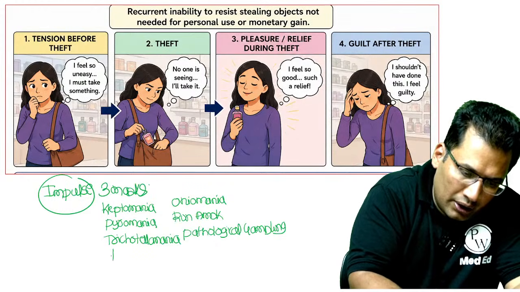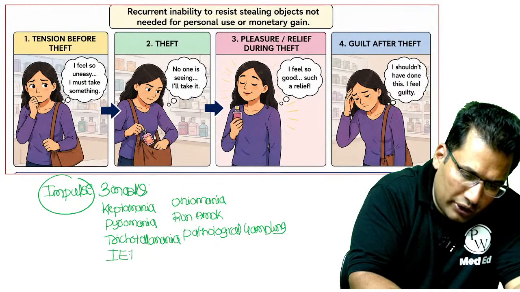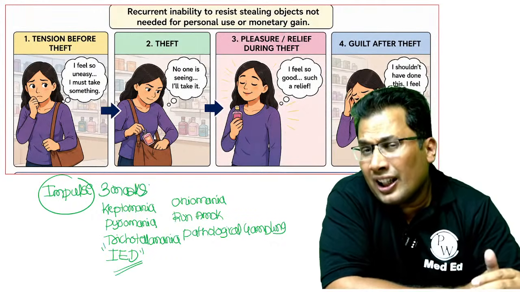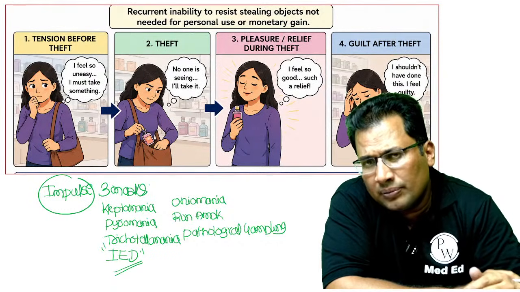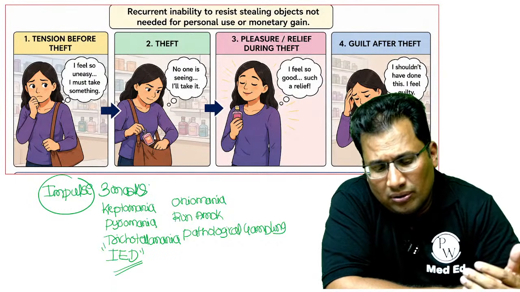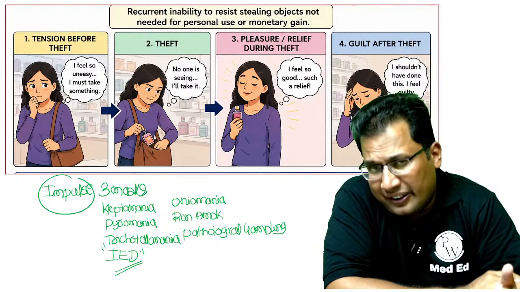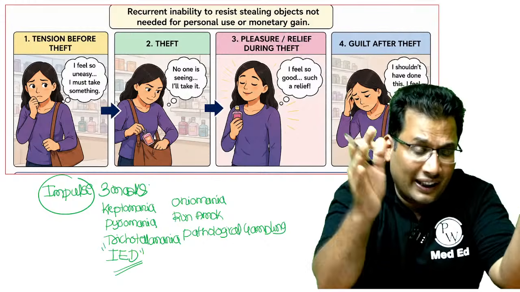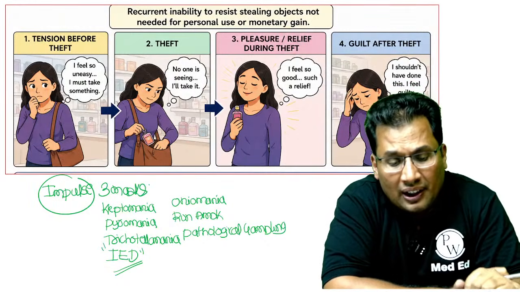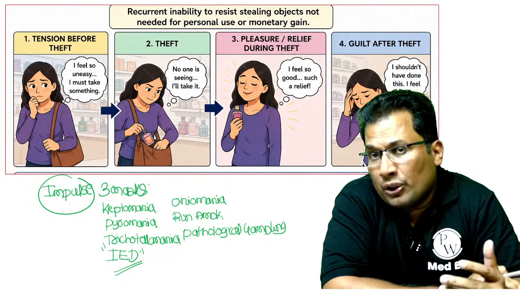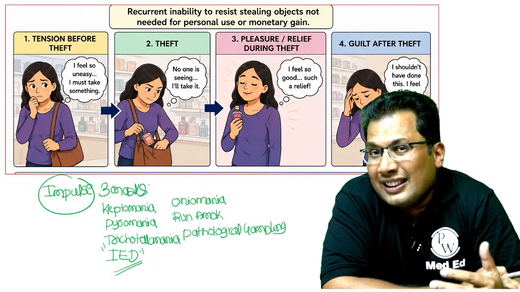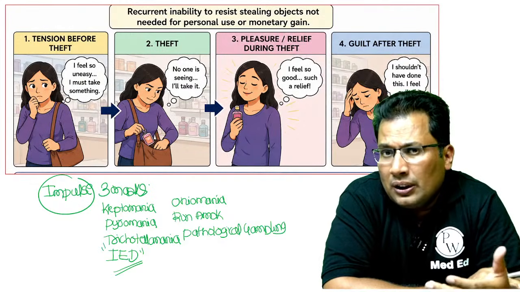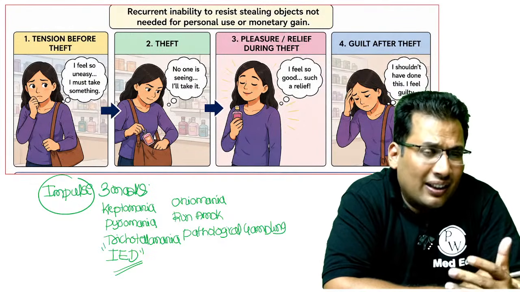Or intermittent explosive disorder, IED. There are many types. So kleptomania is basically stealing things. Pyromania, setting fire. Trichotillomania, pulling hair. Oniomania, that is impulse of shopping. Run amok is impulse of killing. Pathological gambling is betting, pathological betting, an irresistible urge.